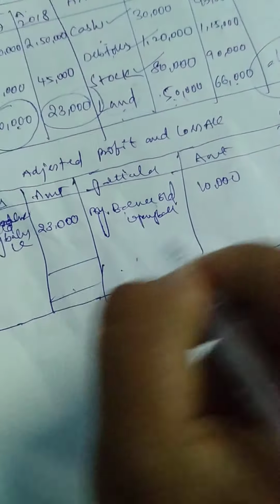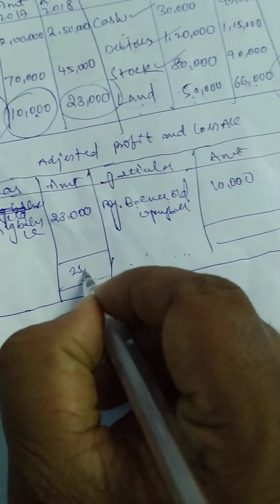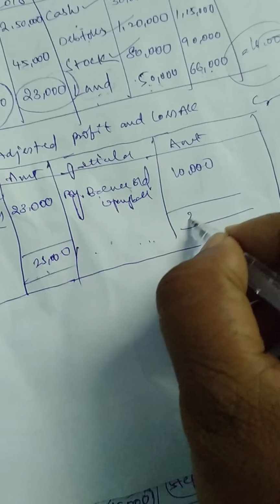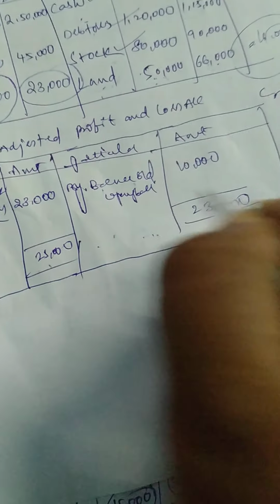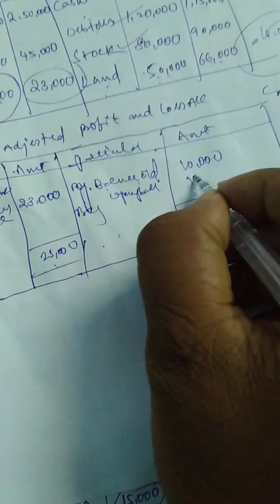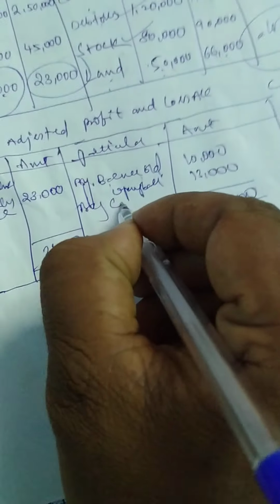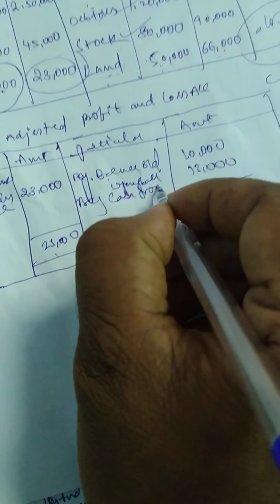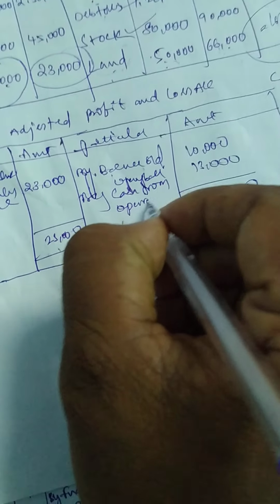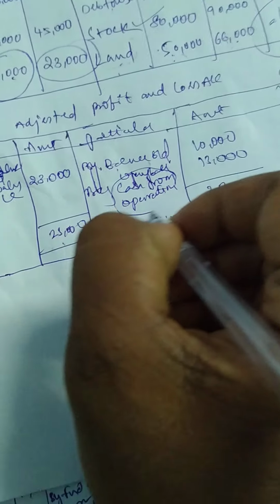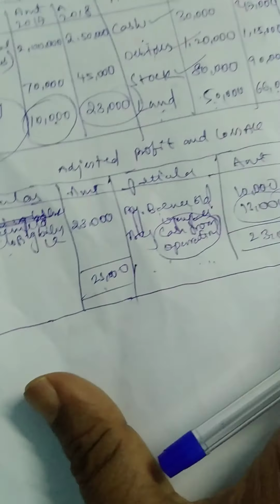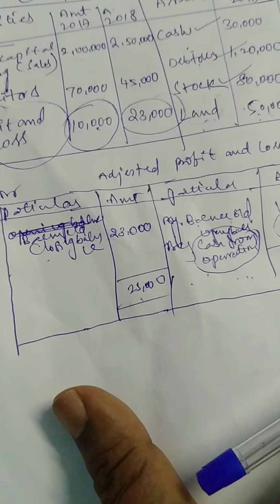Then what is the difference? 23,000 minus 10,000, the difference is 13,000. This is what? Cash from operation. Cash from operation is the difference balance. This is the adjusted profit and loss account.